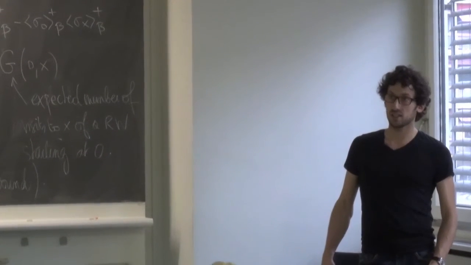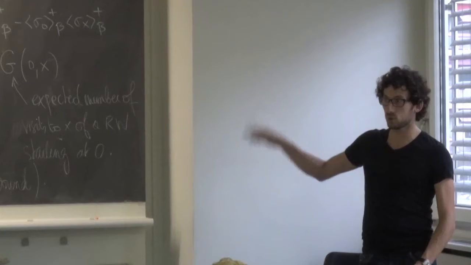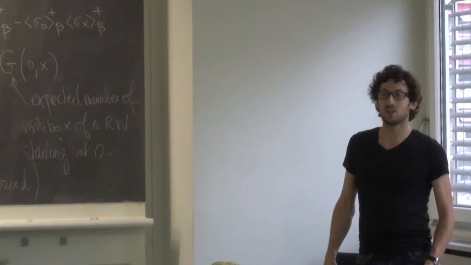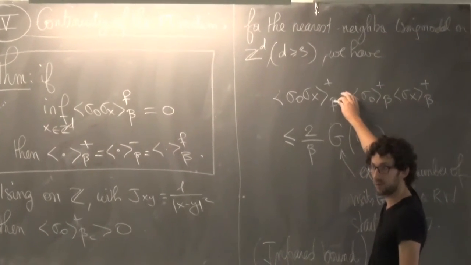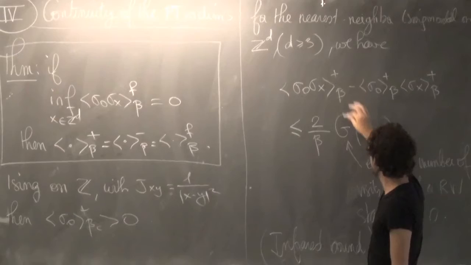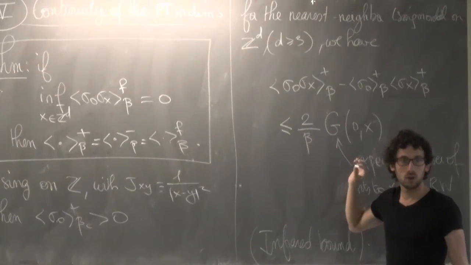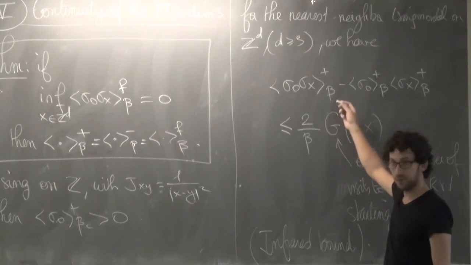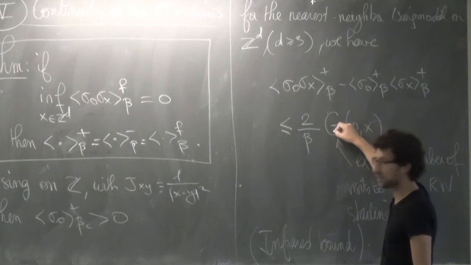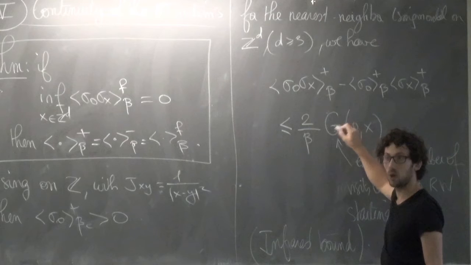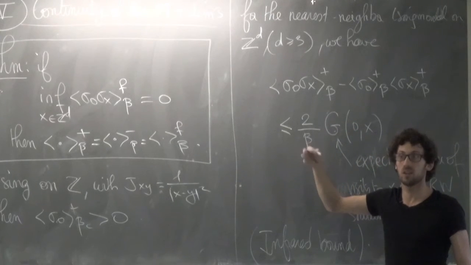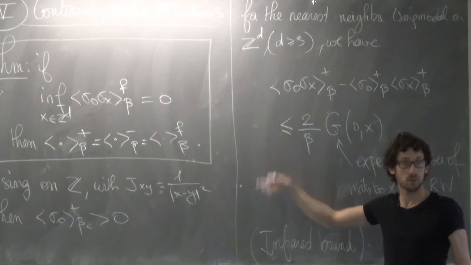The conjecture is that as soon as it's transient, the proof should work. The only problem is getting this inequality. What you would like to say is that for infinite range, this inequality is also true if you replace the Green function by the Green function not of the simple random walk, but of this new random walk, which is naturally associated to your model, to this coupling constant.